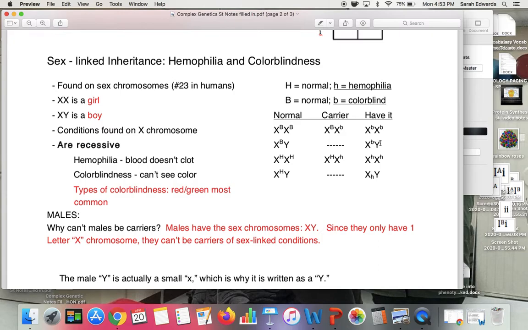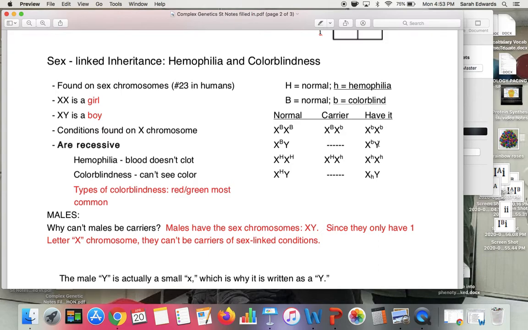There is no letter next to the Y because all sex-linked traits are on the X chromosome, not the Y. Now, I can note that there are two genetic diseases that are found on the Y chromosome, but the males with those diseases do not live very long.